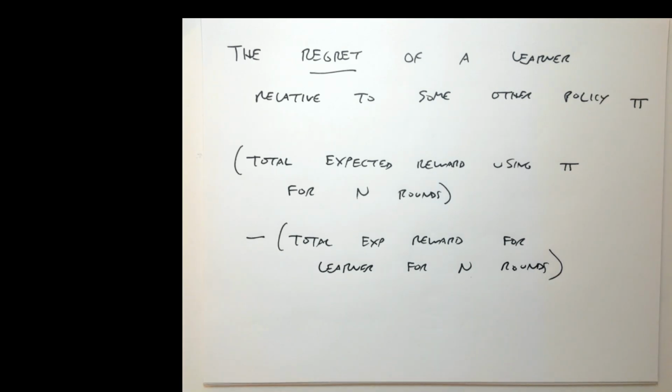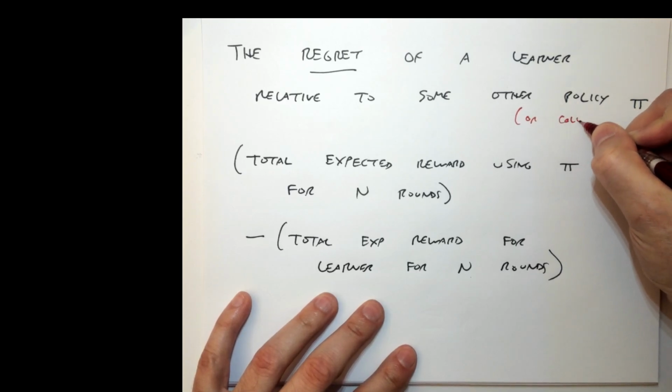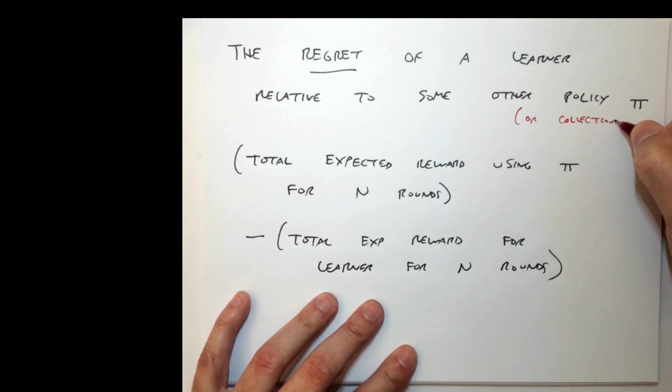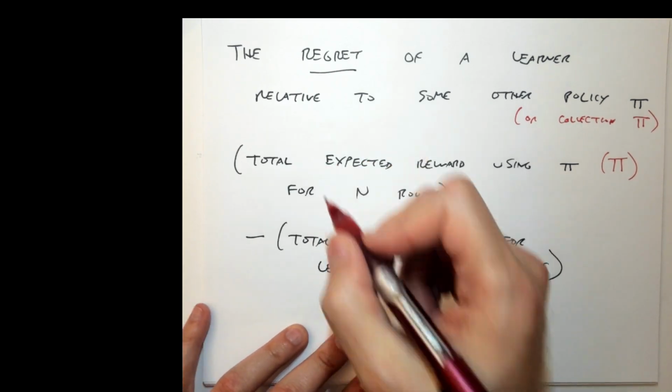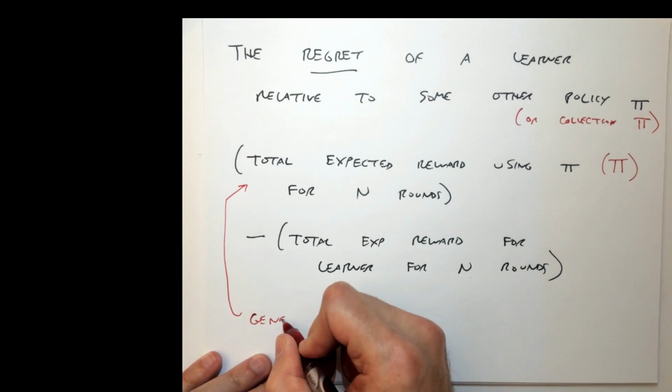Right? So the idea is that this pi, generally, it's not necessarily a single policy, it could be a policy or a collection of policies, let's call it capital Pi. And generally this includes the best possible policy.